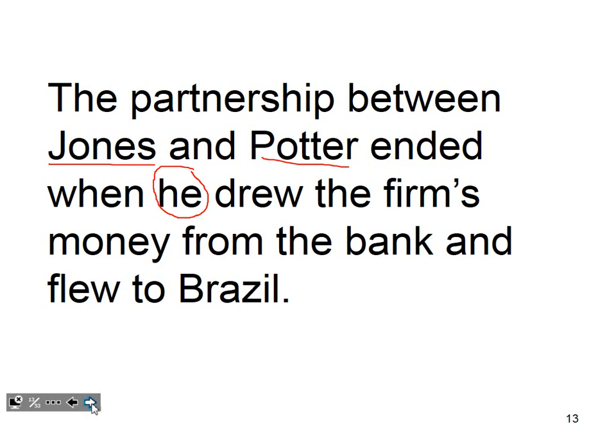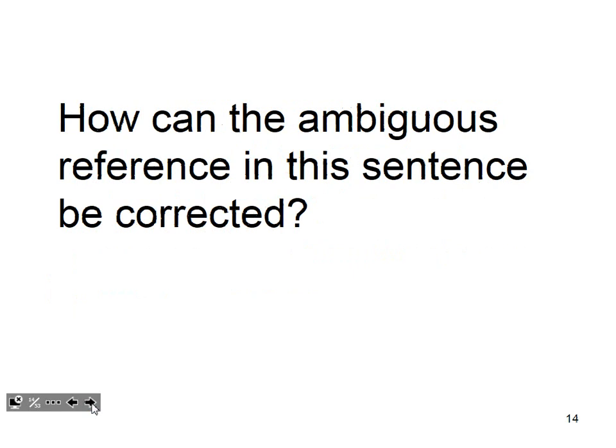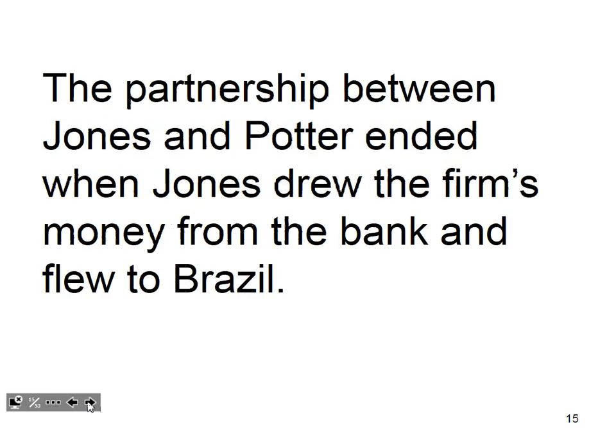So a rewrite could be this. The partnership between Jones and Potter ended when Jones drew the firm's money from the bank and flew to Brazil. In this rewrite, the word he is specifically replaced with the word which is the antecedent to the pronoun.